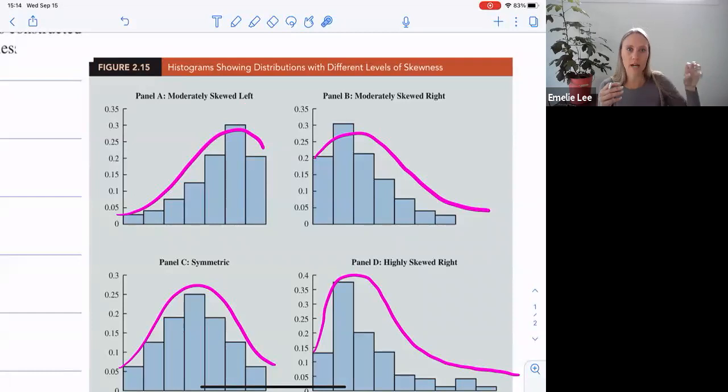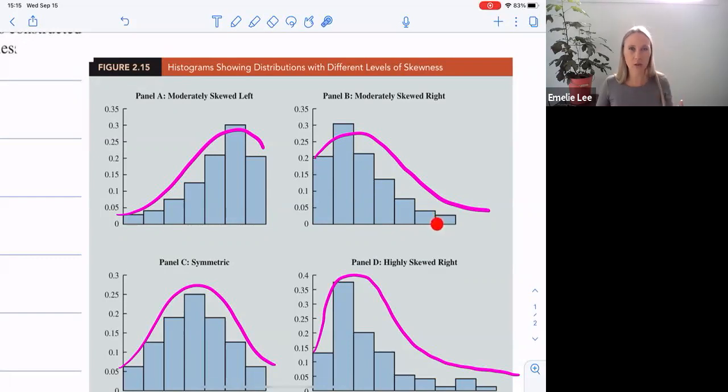What are those rare values that can happen? They're over here in this left tail versus over here in the second one. Now the tail is going to the right. So now it's skewed to the right because this is where we have these more interesting values, right? We don't really care about where everyone is. Oh, we've got some interesting cases over here. So that's why we say it's skewed in the direction of the tail.